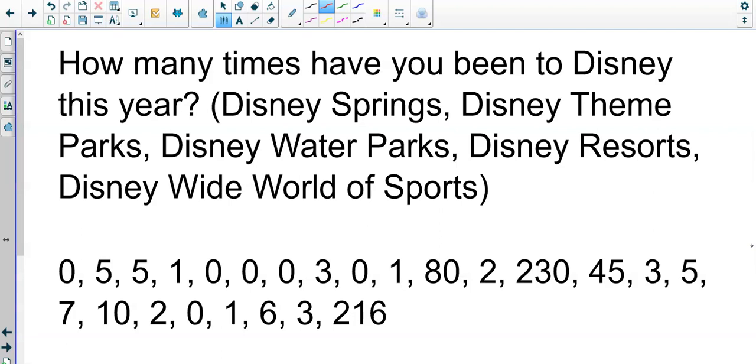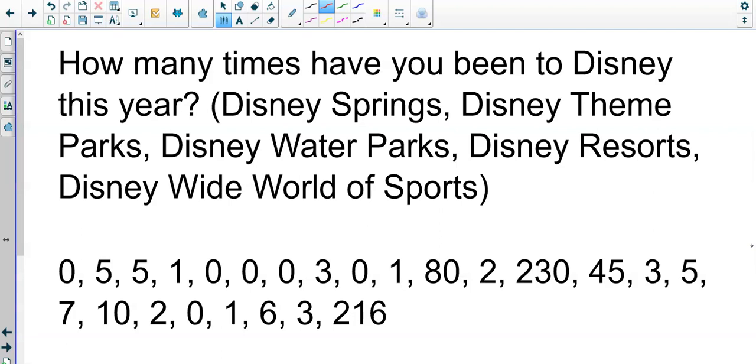There was an 80, a 2, a 230, a 45, a 7, a 10, a 6, and a 216. So those are the results. The 24 of them are here, of the data that I took conveniently from the plaza. Again, this is a rough estimate of one year of going anywhere on Disney.